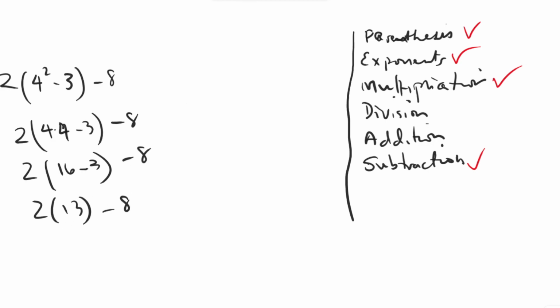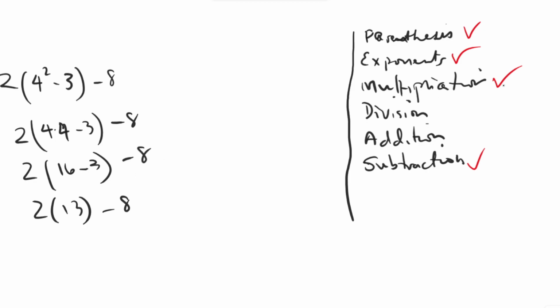All right. So now, what's next? We took care of the exponent. We took care of the parentheses. Now it says multiplication. We don't have any division here. We get multiplication and we get subtraction. But the multiplication comes first.